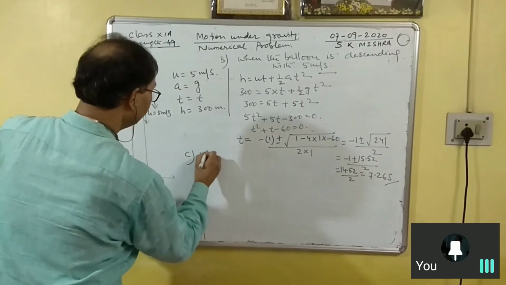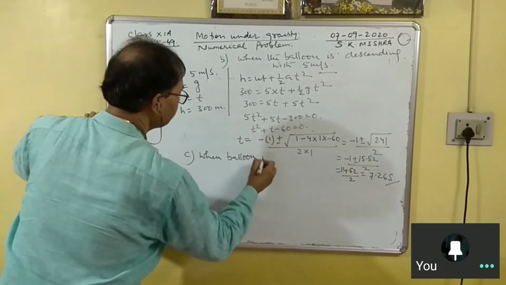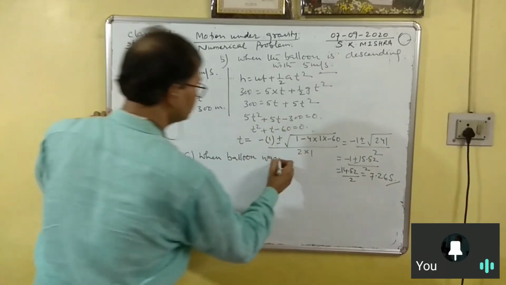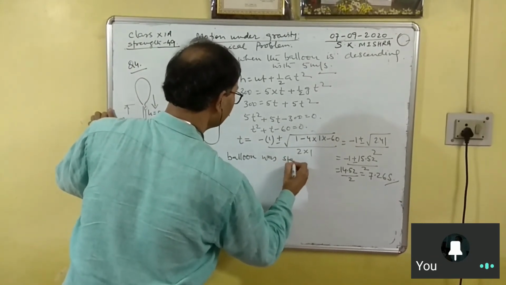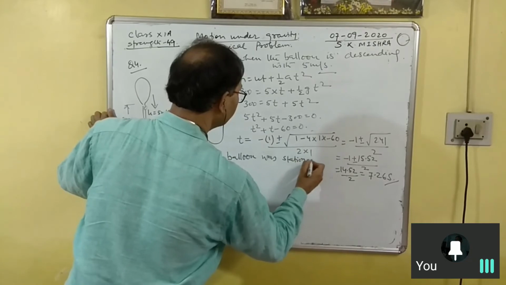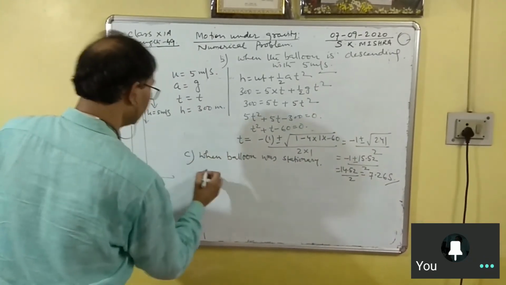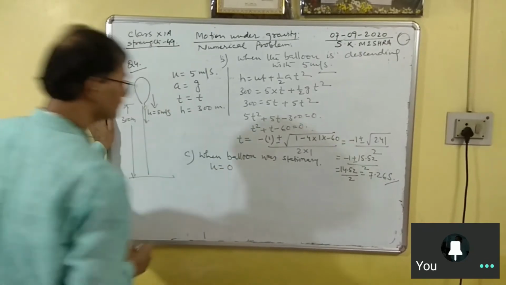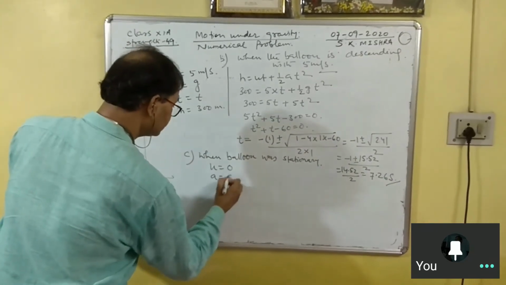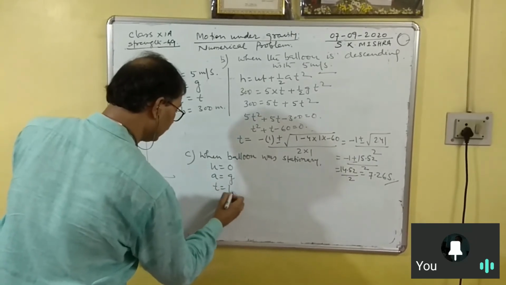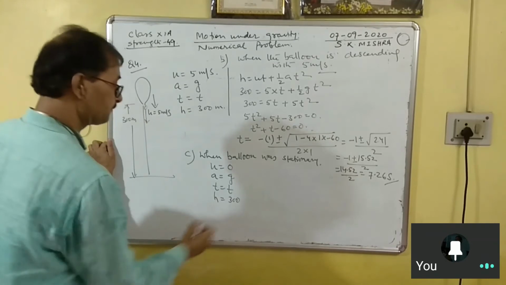When the balloon was stationary, was at rest, neither moving upward nor moving downwards, in that scenario the initial velocity of the stone is 0. And then A is G only, T only, and H is 300 meter.